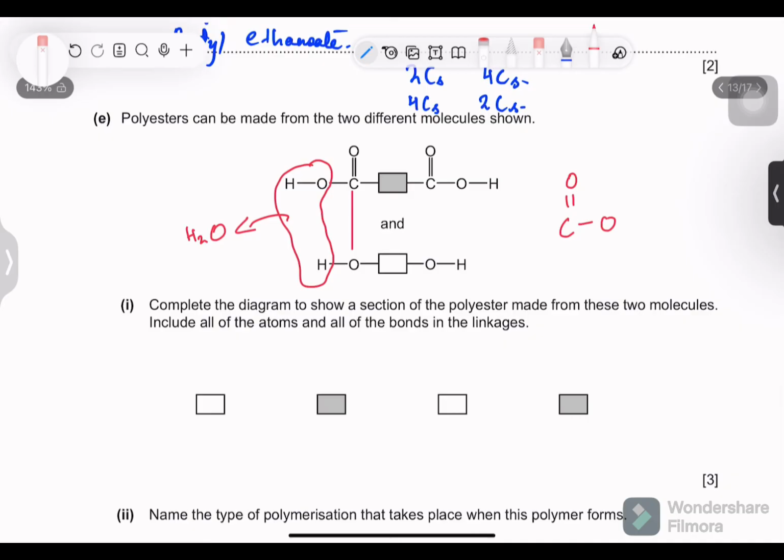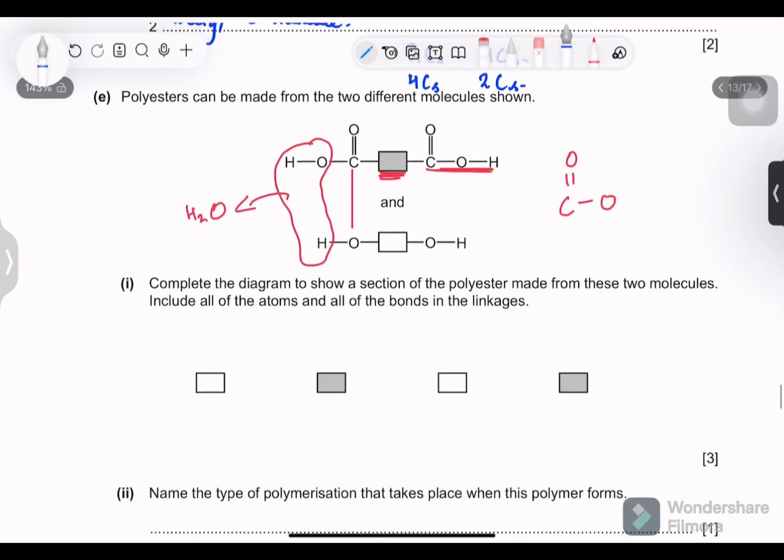We have to take care to have the correct functional group on the correct carbon chain. The shaded one should have the acid chain, and the unshaded one should have the alcohol one. So this O and this H will be eliminated, and this is used to show the continuation of the bond.